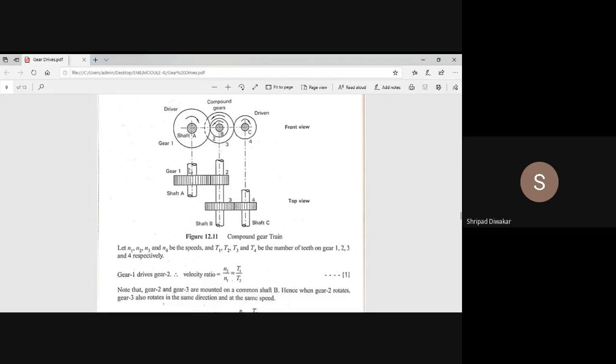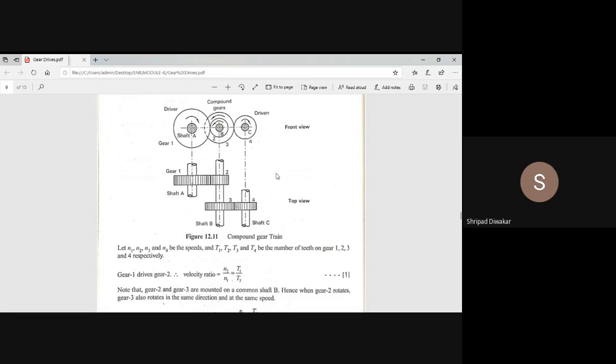Here gear 1 is mounted on shaft A, whatever diagram you are seeing, and gears 2 and 3 are mounted on the same shaft. On the other hand, gear 4 is independently mounted on shaft C. This is the front view and this is the top view, already studied in CAD.